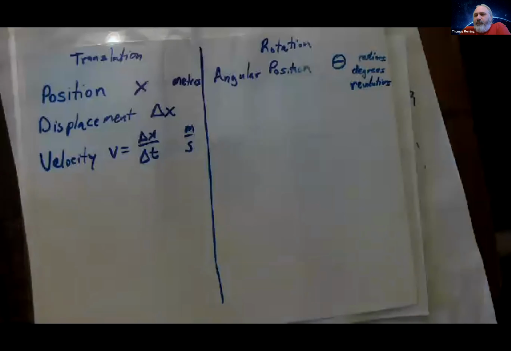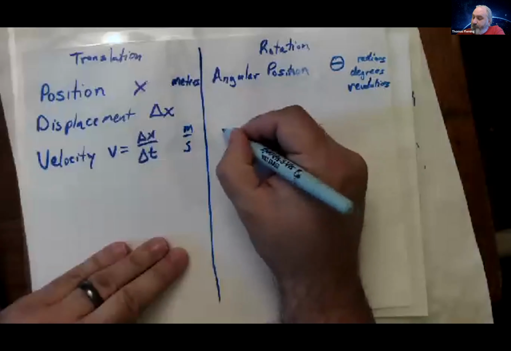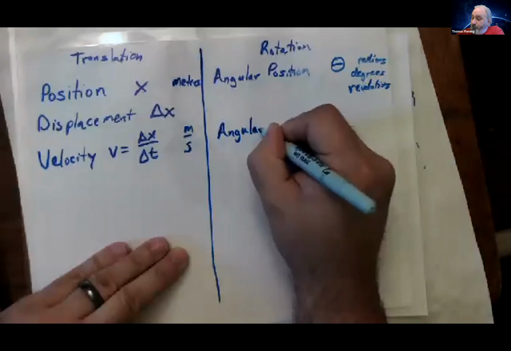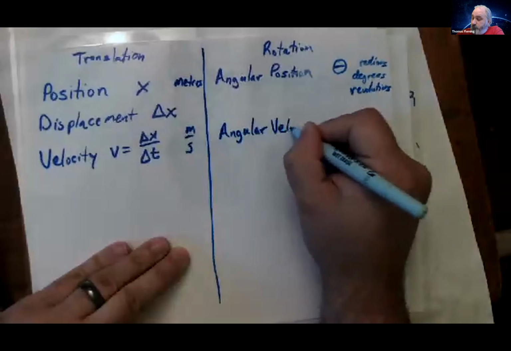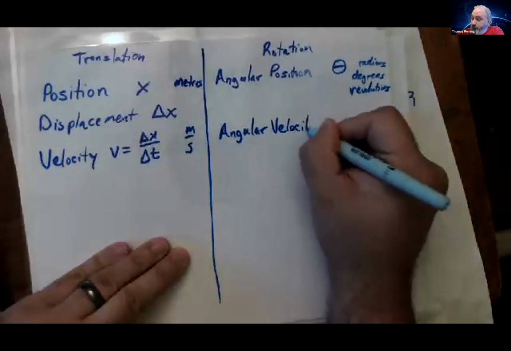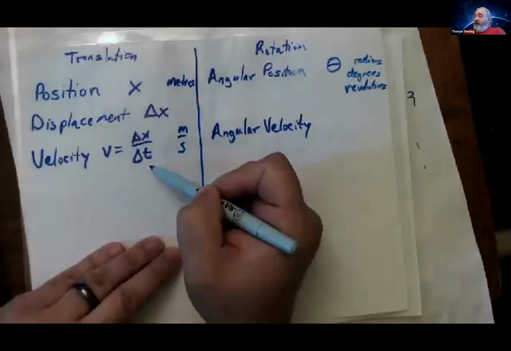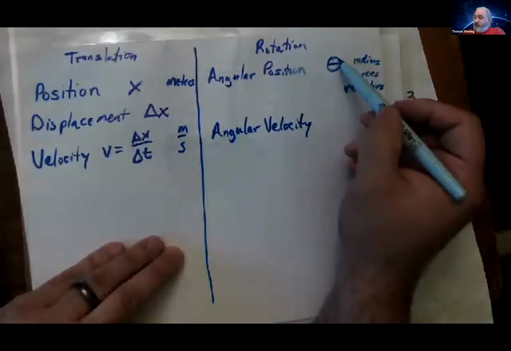So talking about velocity for a rotating object sucks, because different pieces of the rotating object are going to have different velocities. So rather than do that, we're going to define something called angular velocity. And angular velocity is going to be, instead of the change in position over time, the change in angular position over time.